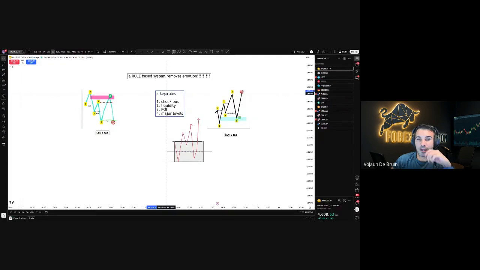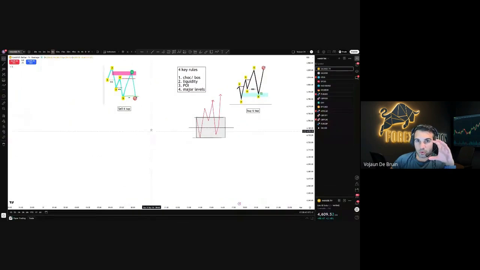Okay, key driving factors in order to take a 6-step. Number one, we need a change of character or BOS. We all understand that. The best 6-steps are when we have a change of character followed by a BOS, meaning a change of market trend followed by a BOS. That's the start of the trend.